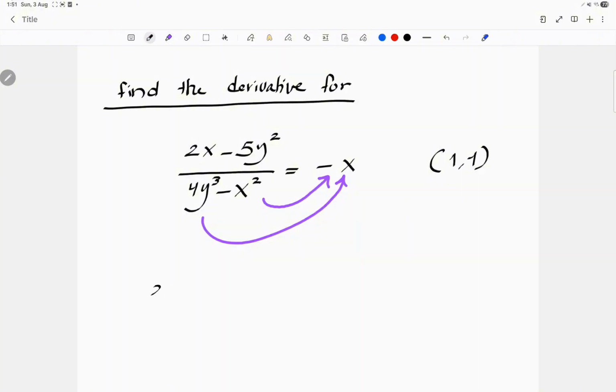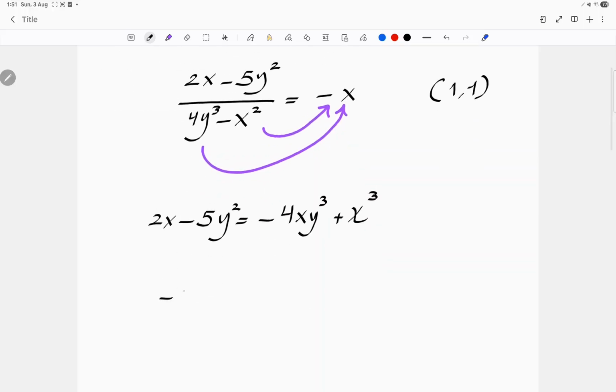So I'm going to have 2x minus 5y squared is equal to minus 4xy cubed plus x cubed. And if you want, put the terms containing the y on the same side, meaning minus 5y squared plus 4xy cubed is equal to x cubed minus 2x.